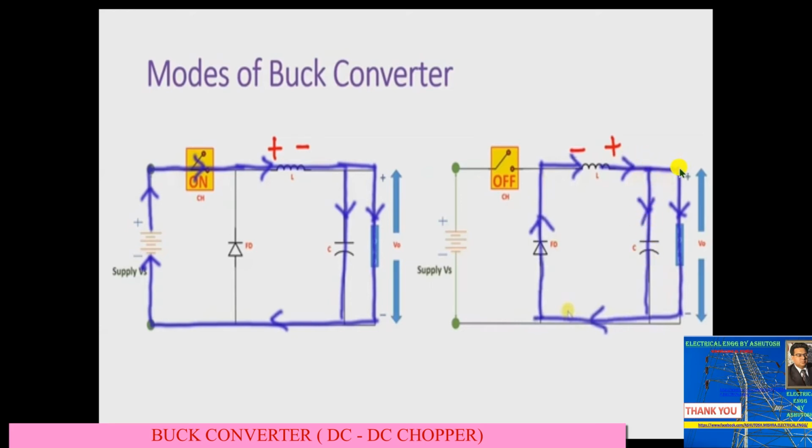The current will pass through this resistive load and also through this capacitor. Some part of the current will pass through the capacitor, and it is completed through this diode, because the diode becomes forward biased and is short circuited, giving the closed path of current.